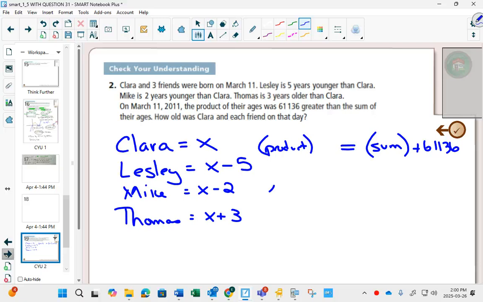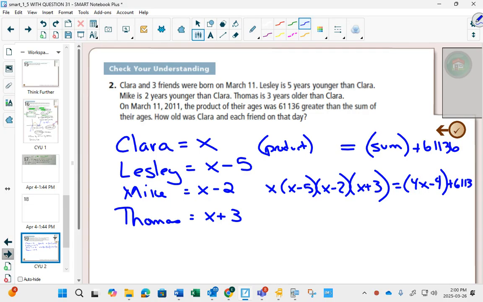So this side would be x times x minus 5 times x minus 2 times x plus 3. This side, sum, means add them all up. I'm going to just do some mental math. All the x's would be 4x, all the numbers minus 4. And we get an equation.